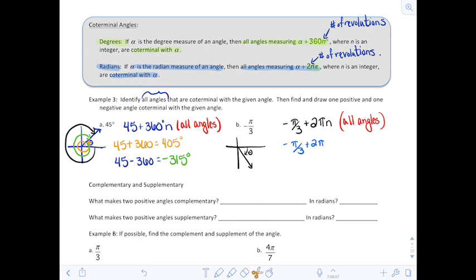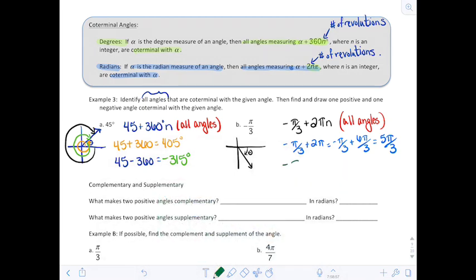So if I'm looking at 2 pi, but I'm in thirds, I'm going to rewrite this as negative pi over 3 plus 6 pi over 3. That still represents 2 pi, but now I'm in thirds, and I can add them together. Negative pi over 3 plus 6 pi over 3 is 5 pi over 3. That's a positive coterminal angle in radians.